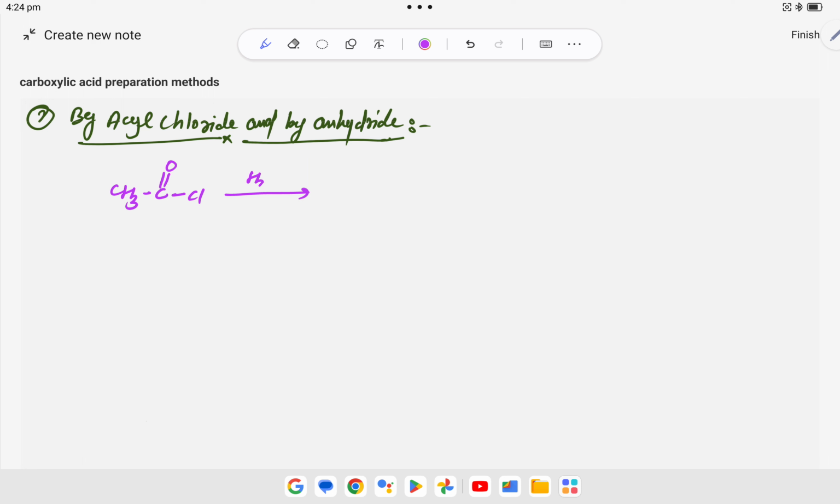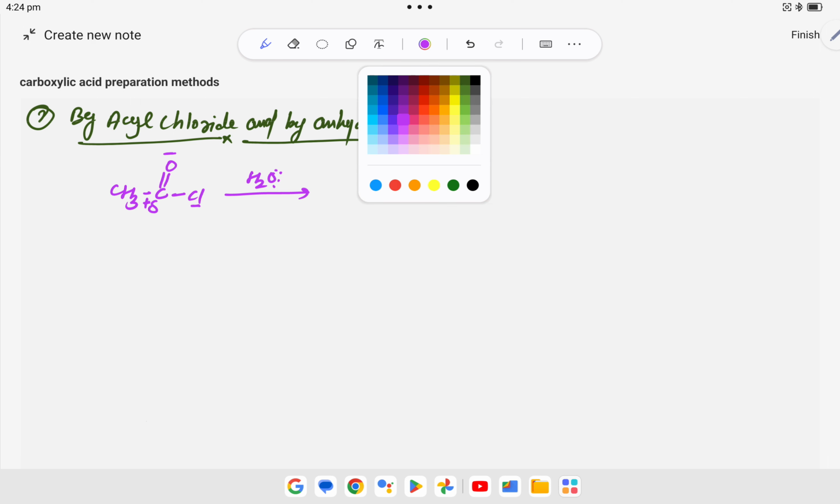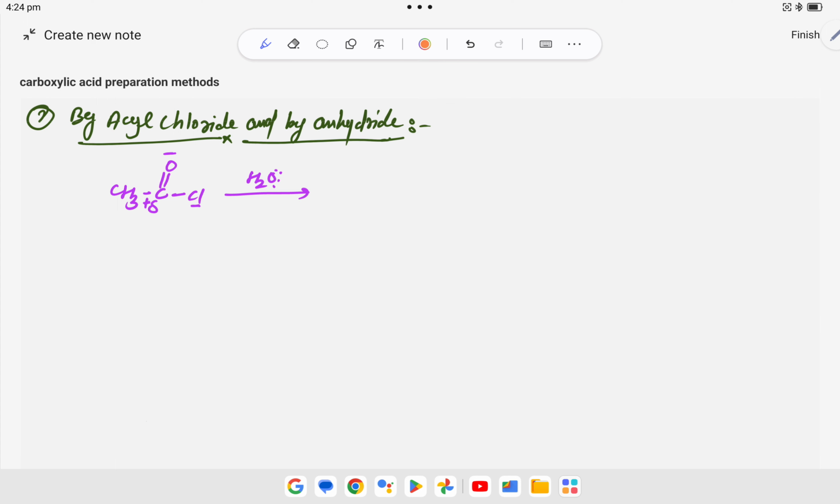again water with lone pair. So what happened? With the carbon, two more electronegative species are attached. So this carbon is having partial positive. If it is having partial positive, then this water species will attach with this carbon. Then these electrons shifted here, again back bonding, and chlorine will leave.